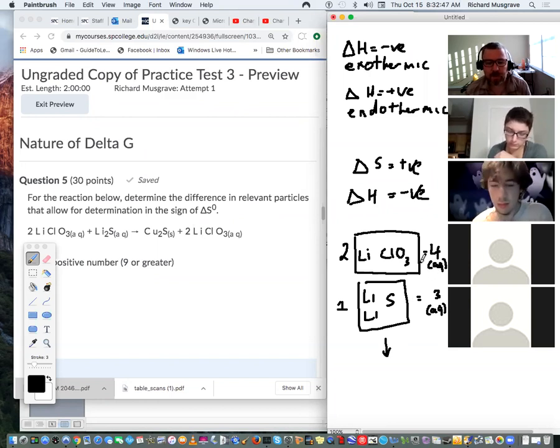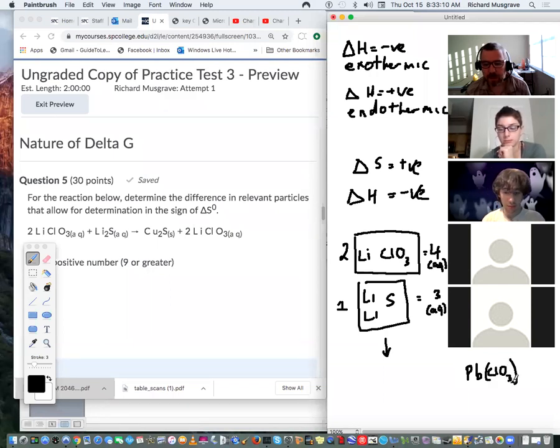All right, let me ask you all this. I told you that we know there's only 1 ClO3. How would you know there were more if there was more than 1? Any idea? It would be in parentheses and then there would be a subscript. That's right. It'd be like this: Pb(ClO3)4.